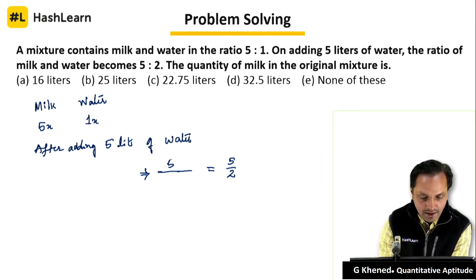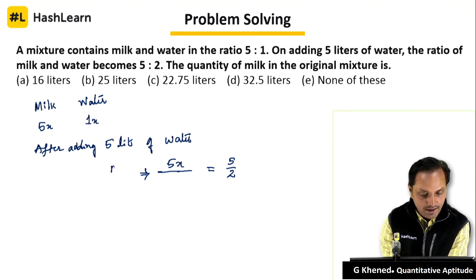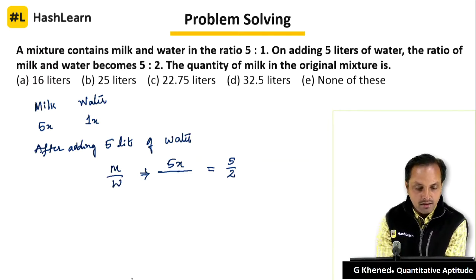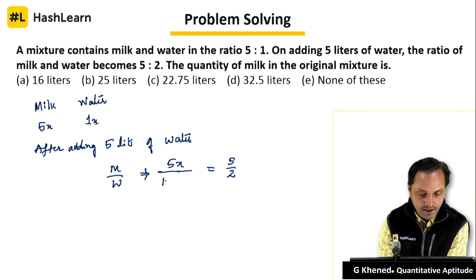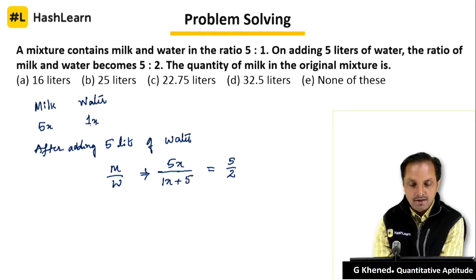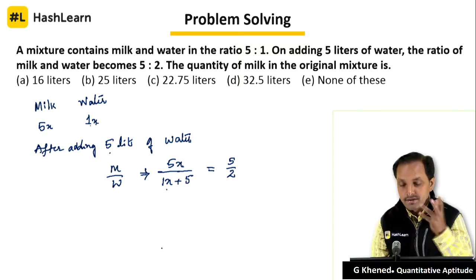Milk will be milk only, 5x, whereas the water will be what? This is your milk to water ratio. Your water was 1x initially, and you are adding 5 liters. So initially milk was 5x and water was 1x. After adding 5 liters of water, it will become 1x plus an extra 5 liters of water.